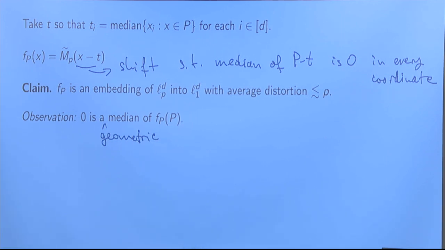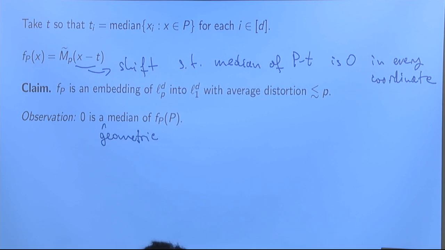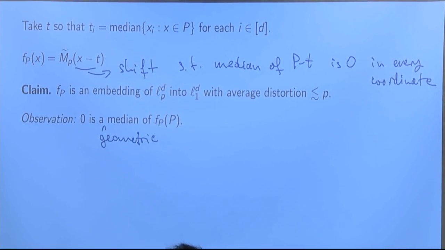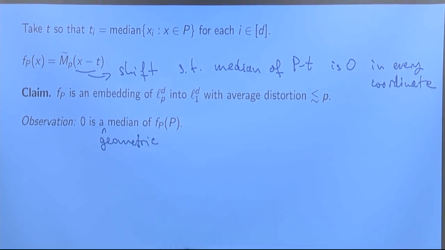So now I can finish the proof. What do I need to make sure? I need to make sure that the average distance stays large.